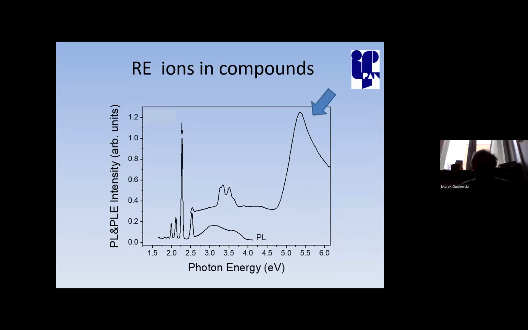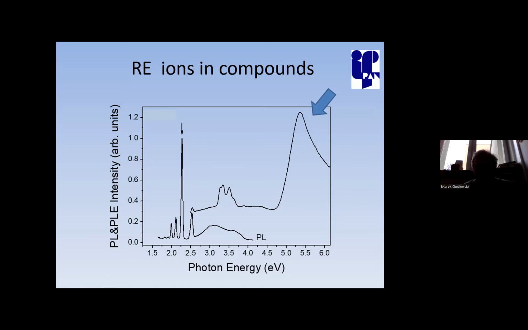So once we start to study emission in different matrices, we often observe that, in addition, if we set our detection to this line of europium and then look at PLE, photoluminescence excitation, we see some channels due to higher terms, but then often we observe very strong and broad bands related to energies usually close to the expected band gap of different materials.